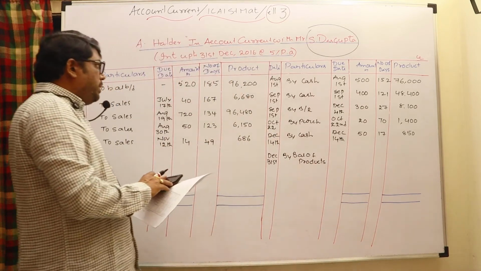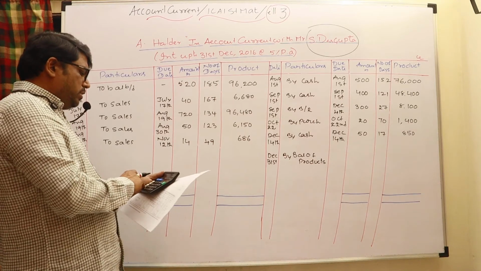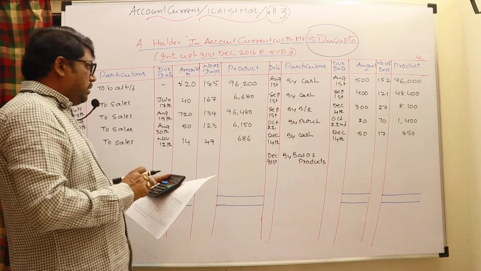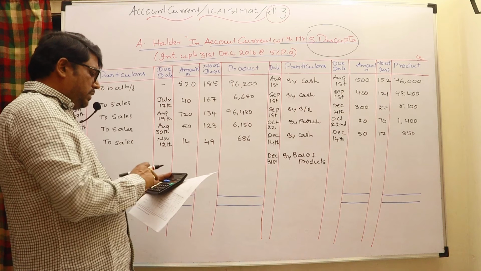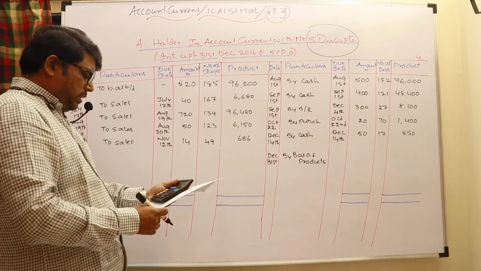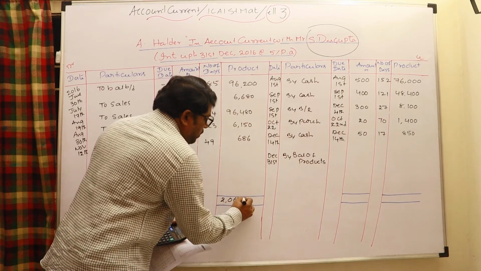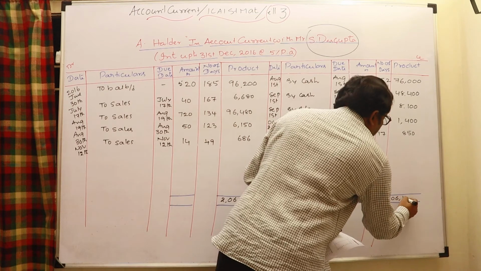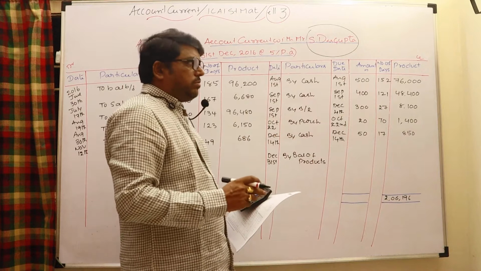Let us see what is the debit product total. 96,200 plus 6680 plus 96,480 plus 6150 plus 686. Therefore 2,06,196. Out of that, the credit products, 5 items are there.